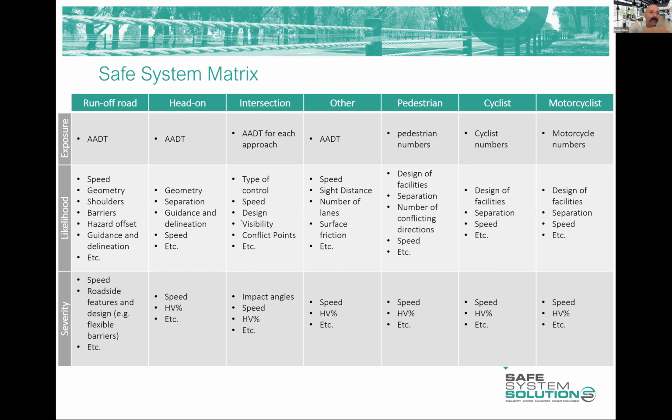And as I showed you from the graph there, up the top here we've got crash types. We've got runoff road, head-on, intersection. Now, those three are for passenger vehicles or heavy vehicles, okay? Motorized vehicles. Runoff road, head-on, and intersection are vehicles.